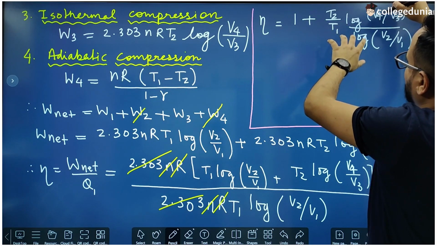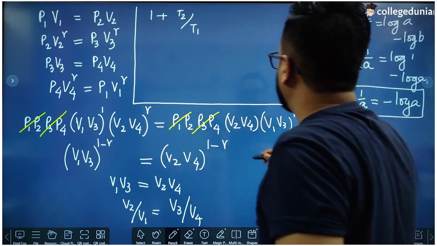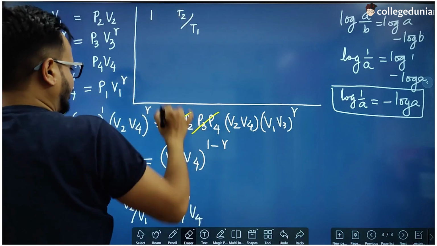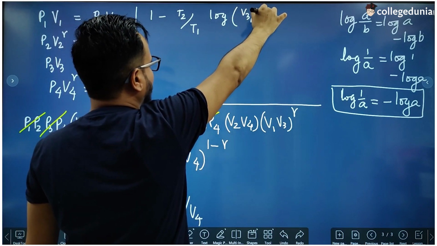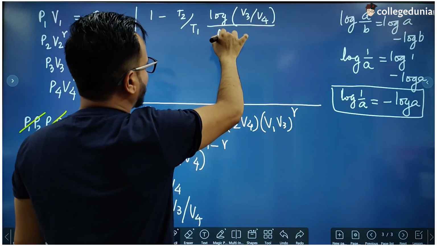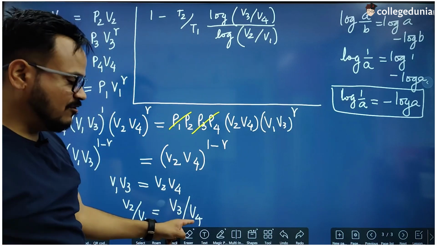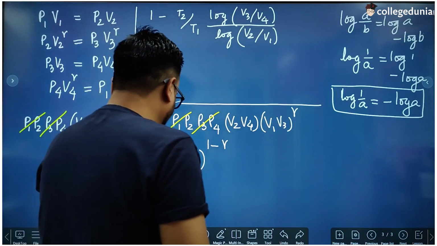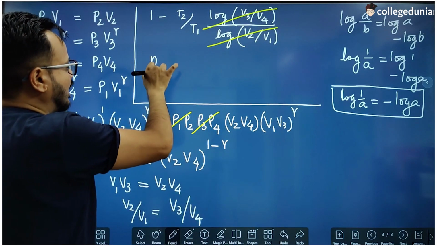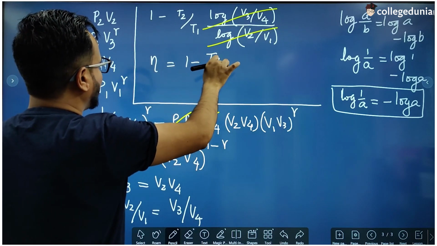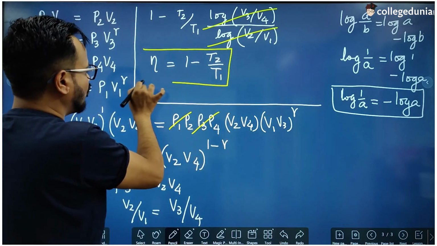Write this as V3 by V4, and then we have to multiply a minus sign here, so it becomes 1 minus T2 by T1 log V3 by V4 divided by log V2 by V1, and since V3 by V4 is equal to V2 by V1, both of these are equal, so we can cancel them, and now we are left with efficiency is 1 minus T2 by T1.